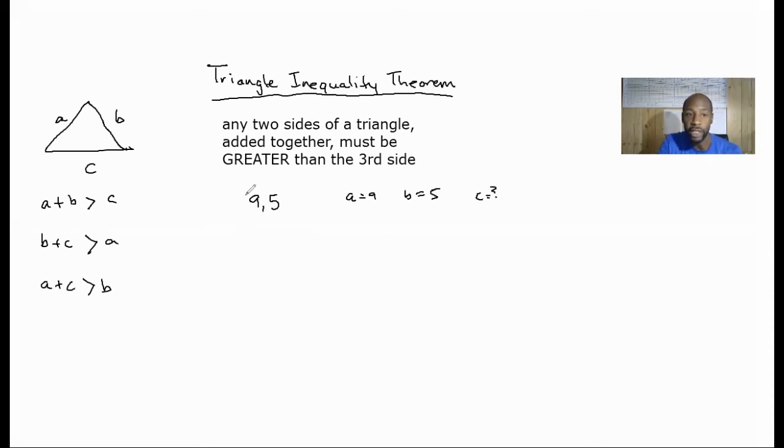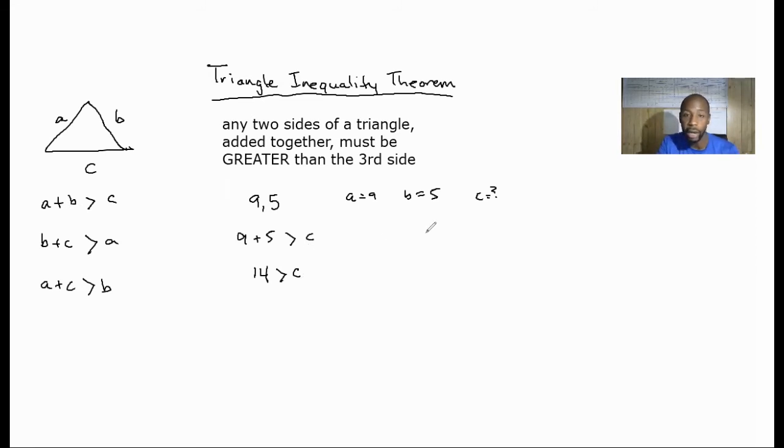Let's plug this in. A plus B has to be greater than C. So 9 plus 5 has to be greater than C. 9 plus 5 is 14, so C has to be less than 14.